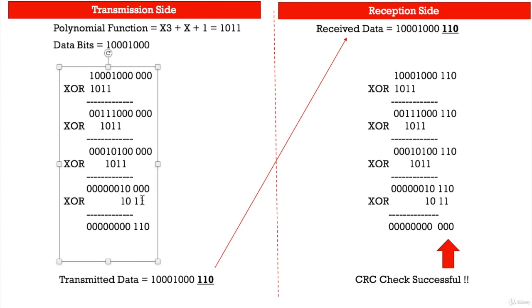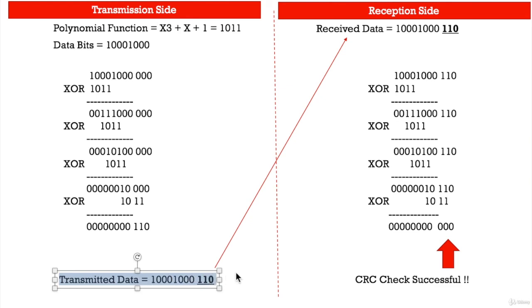So 1011 is XORed against it, and finally the answer obtained is 110. This 110 is less than 1011, so this XORing process will stop, and this will be our CRC code which will be sent in the transmitted data. Okay, so the transmitted data is this.